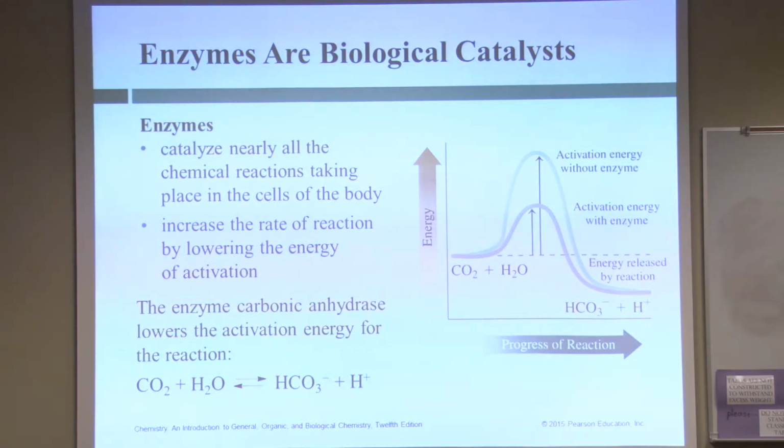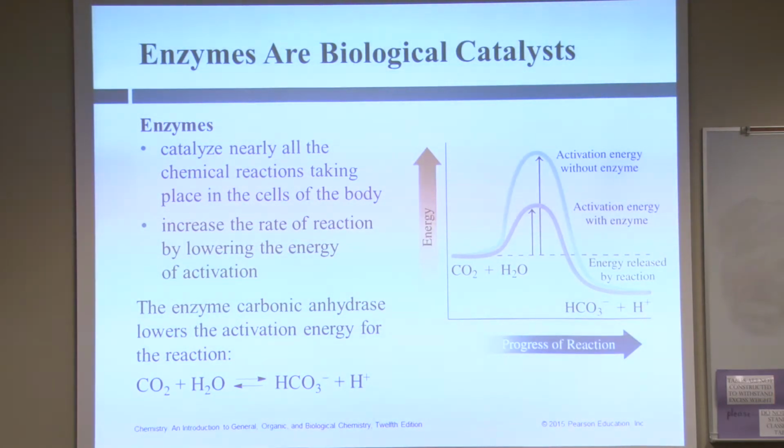And due to the presence of this enzyme, the reaction takes place about 1 million molecules of carbon dioxide in 1 second. That's how fast the reaction happens due to the presence of the enzyme.